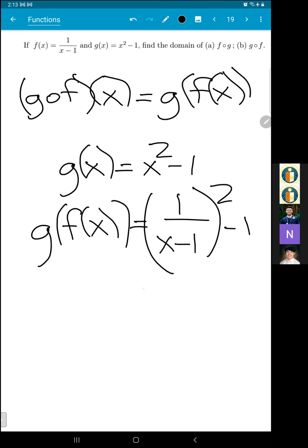But if we do simplify this one, remember, we discussed evaluation of functions.